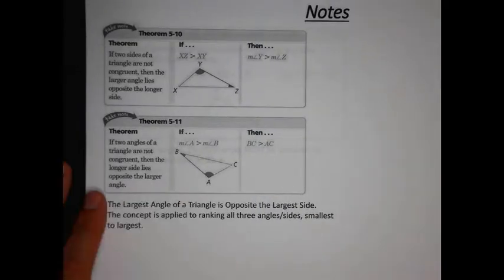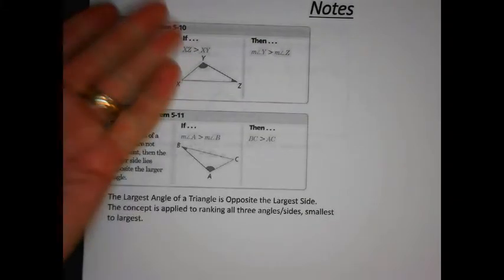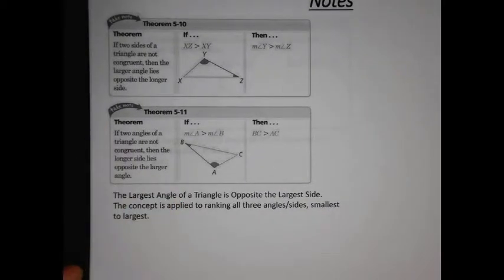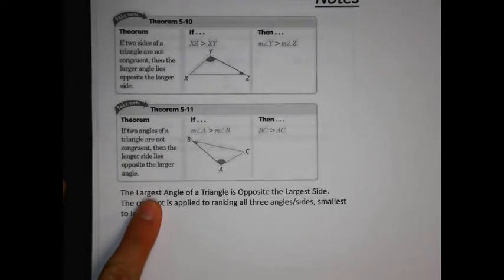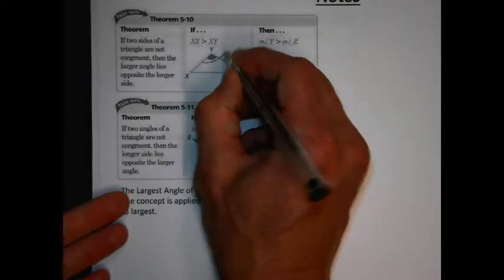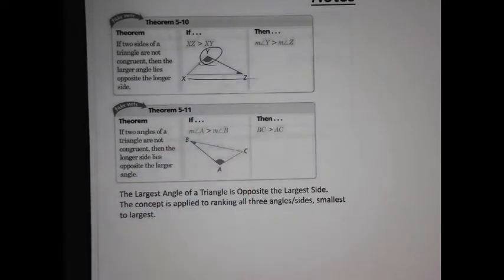So some more thinking. Theorem 5.10 and Theorem 5.11, you can read this stuff in the textbook. You can pause now and read some more. But basically what these are saying is that the largest angle of a triangle is opposite the largest side of the triangle. The backward is true as well.